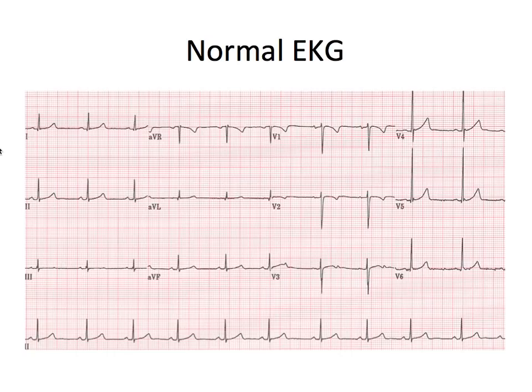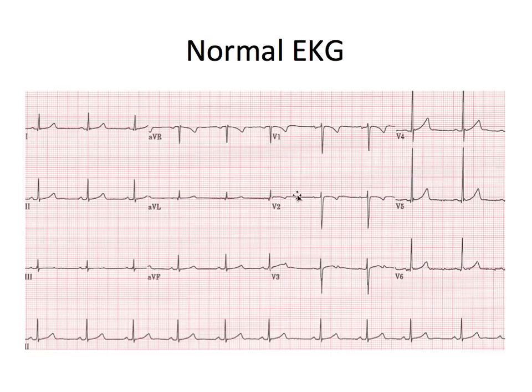Just to summarize, remember we have lead 1, lead 2, and lead AVF, as well as lead 3, AVL, and AVR. Those are the main 6 leads that you're going to see on a 6-lead EKG, like in the ER, that you're hooked up to on a monitor.